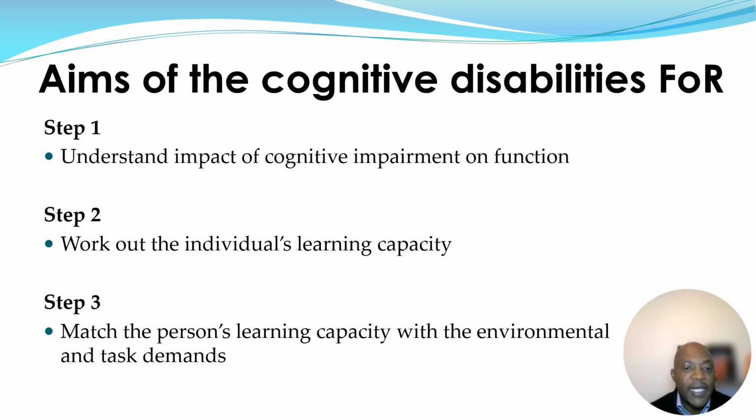Is there capacity for us to educate the service user on some of the aspects that relate to their functioning or performance of occupations that are meaningful to them? So this is what the cognitive disabilities frame of reference looks at. And the third one is to mesh the person's learning capacity with the environment and the demands of their occupations or tasks.